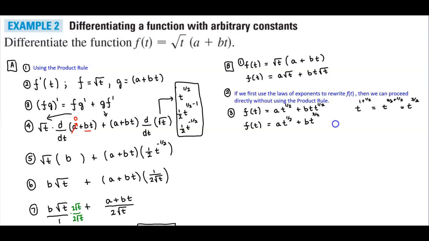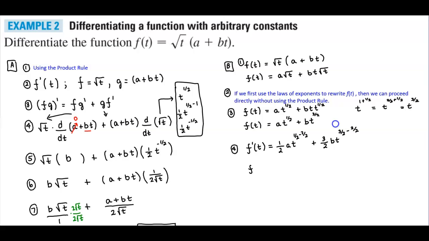Okay, so now what we can do is find the derivative of this function. We know that n represents 1/2, so we're going to have 1/2 a times t to the 1/2 minus 1. Well, that's 2 over 2. Plus, we take n, which is 3 over 2, and multiply that by b, and then t to the 3 over 2 minus 2 over 2.